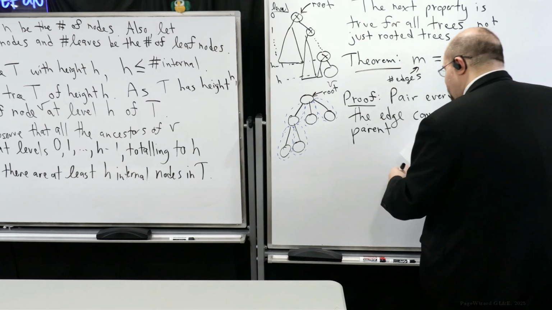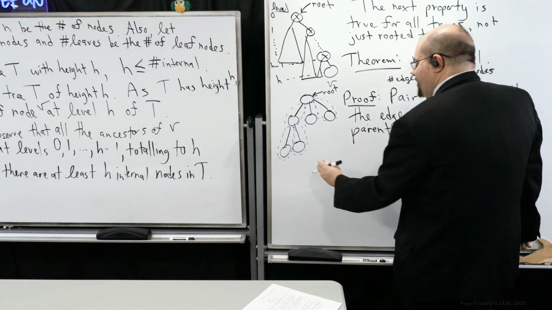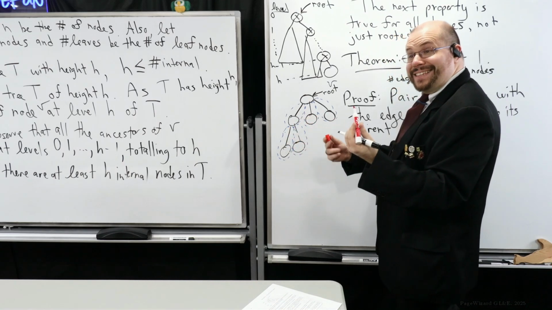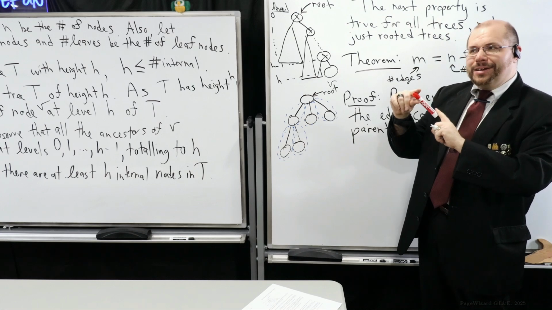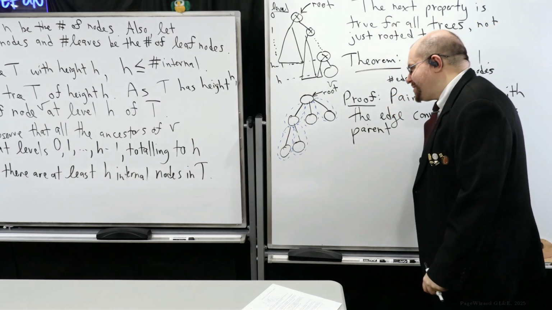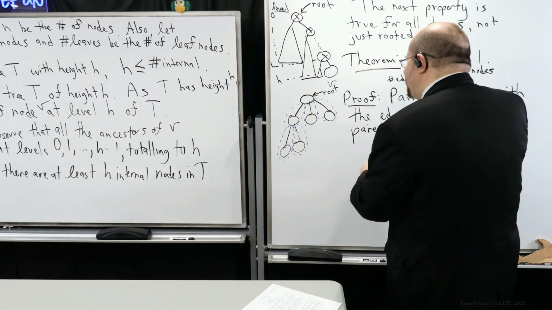Okay, so notice that. Now I'm going to take another marker just for dramatic purposes. Okay, this edge is paired. This red marker has decided it wants to go bye-bye. So let's use blue then.